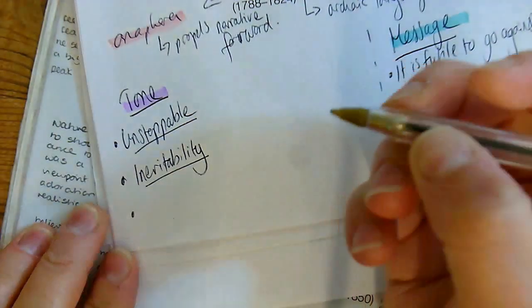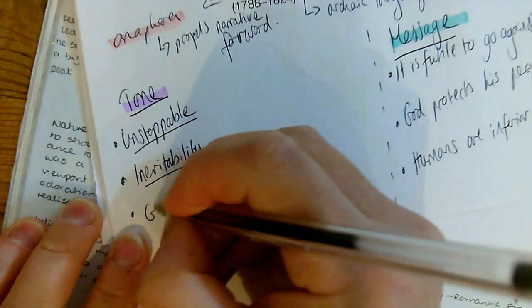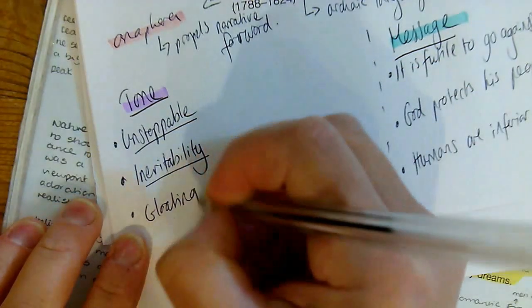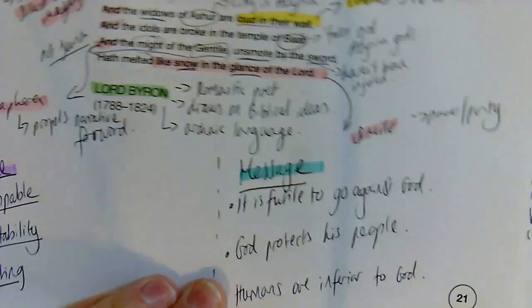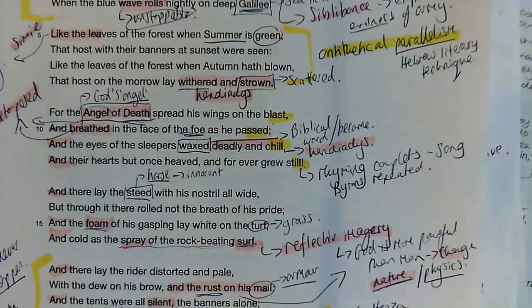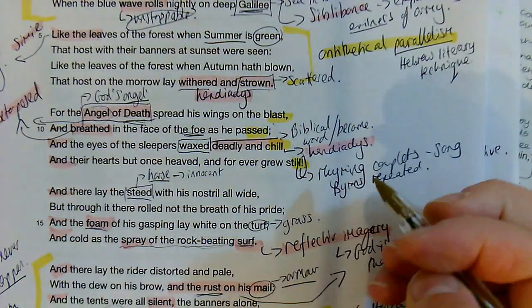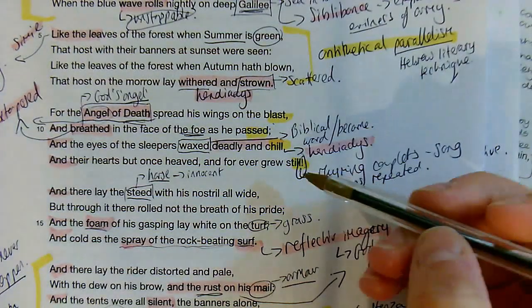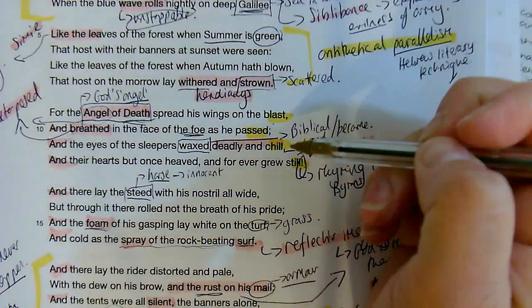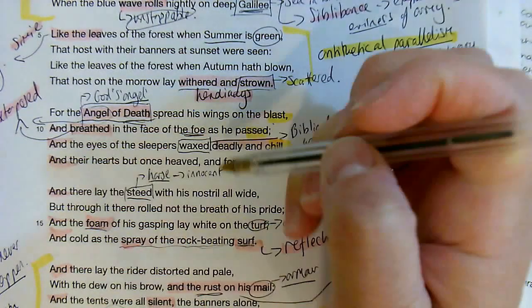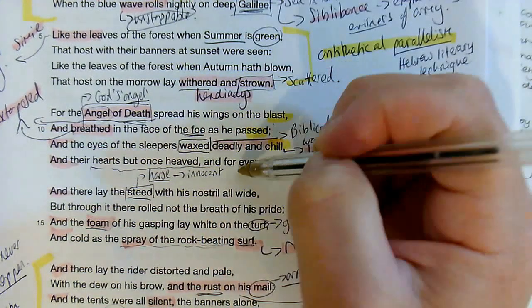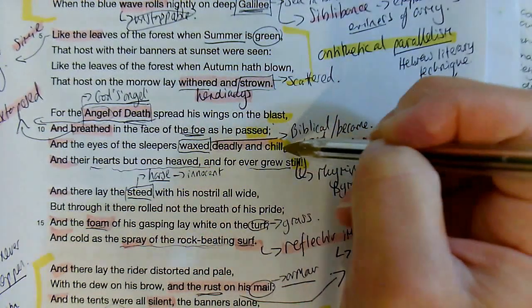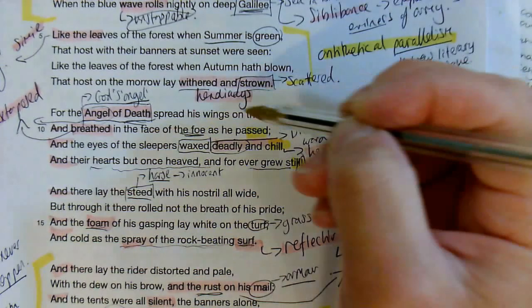Do you think that there's perhaps a sense of gloating just in that final line there? And also, interestingly, the fact that they've got this exclamation mark in the very chilling, horrible passage where it talks about their hearts can't even beat anymore because they're going to grow still, they're growing cold, they're deadly.